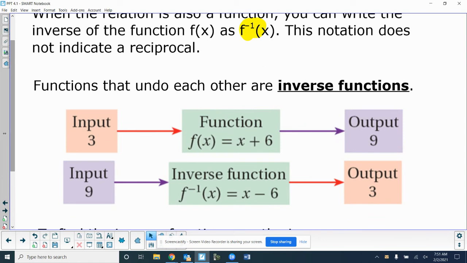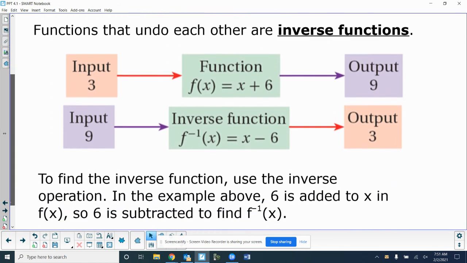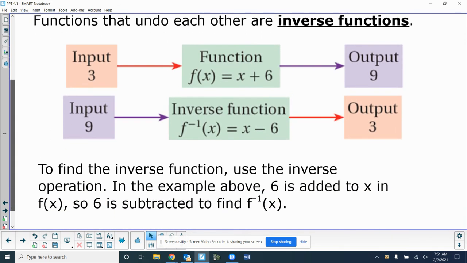If you have its inverse, when you put 9 in, 9 minus 6, you get 3, the opposite. They just switch. You can use the inverse operation, but all we're going to do is switch the x and the y and solve for y. That's how we're going to do this.